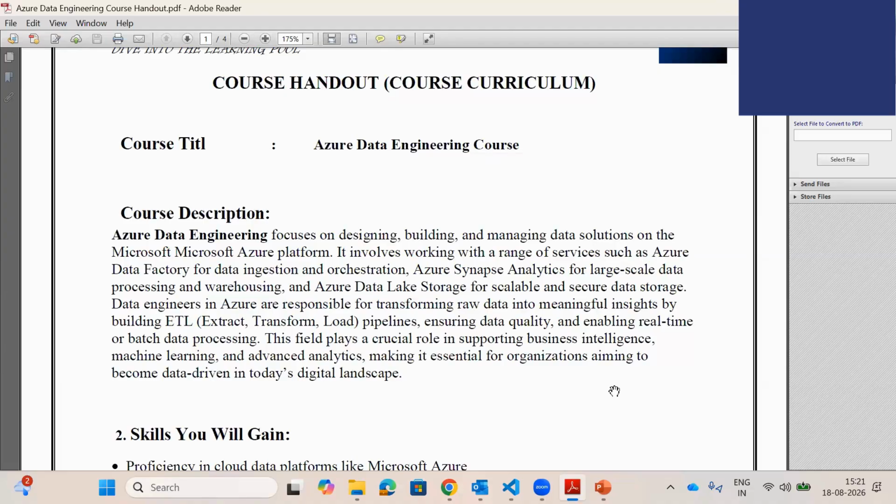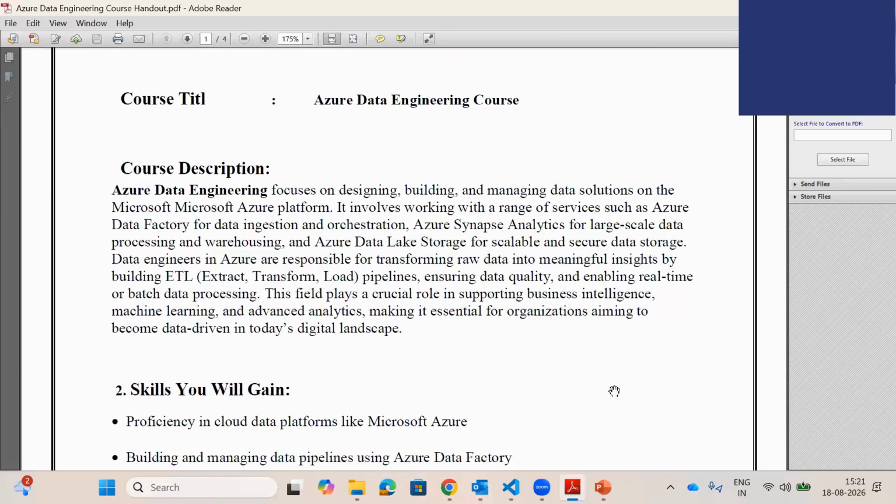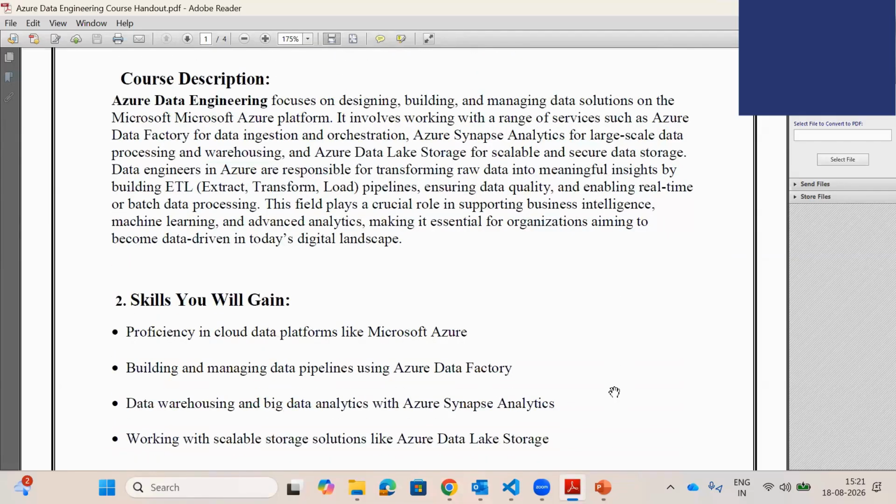Where we will have all these services, including Data Factory as an ETL service, then Synapse as a data warehouse service, where we will manage a huge amount of data. Again, we have Data Lake Storage and so on. How these things can be used in an optimal way, as well as in the right way, we will try to understand over here.